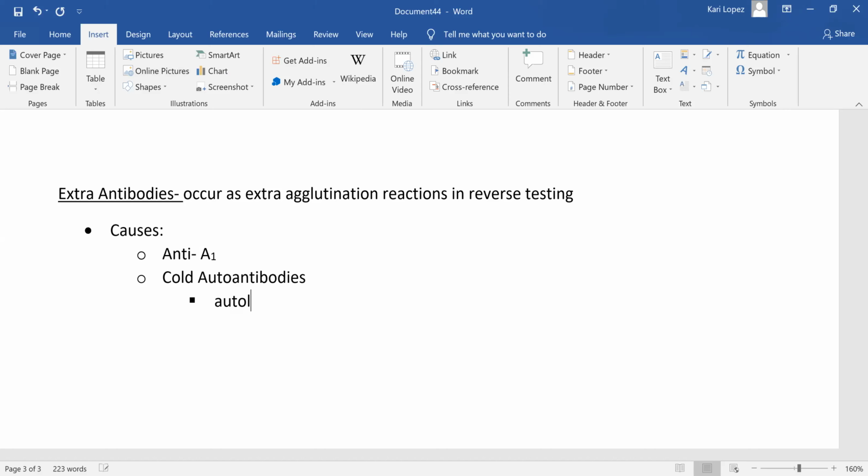So you've got autologous antigens, which react at room temperature or below.